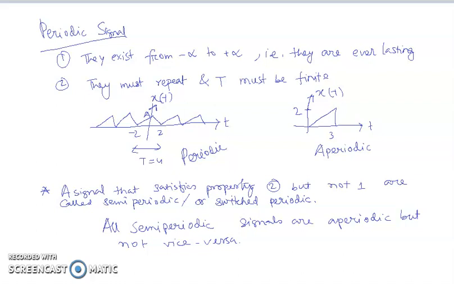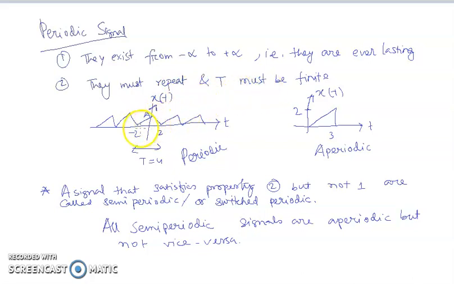Now the periodic signal. A continuous time signal that exists from -infinity to +infinity is periodic, and these are everlasting signals. That means they repeat from -infinity to +infinity. For a periodic signal, it must repeat, and the period T must be finite.